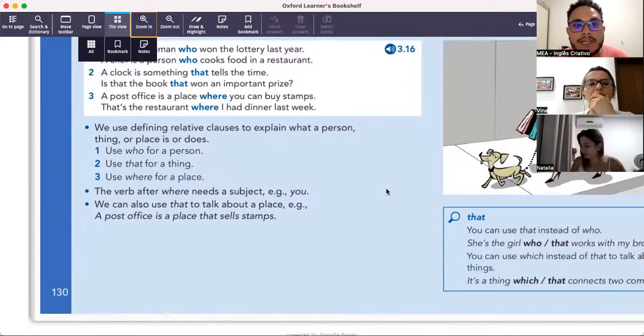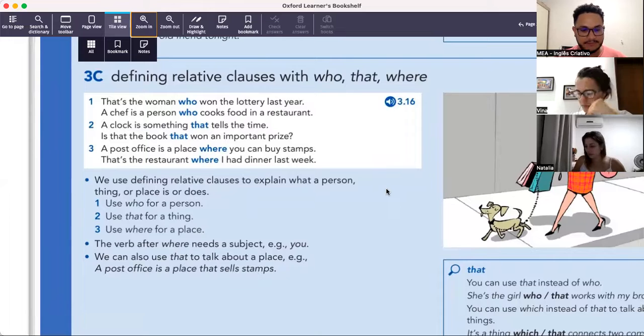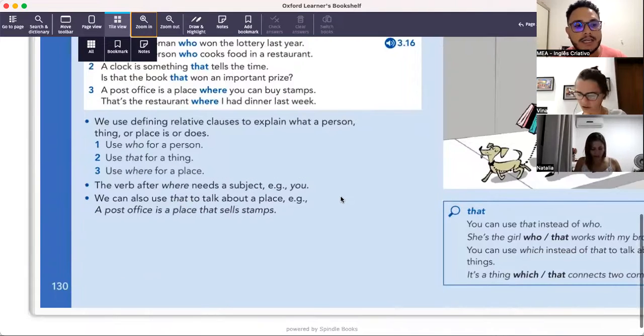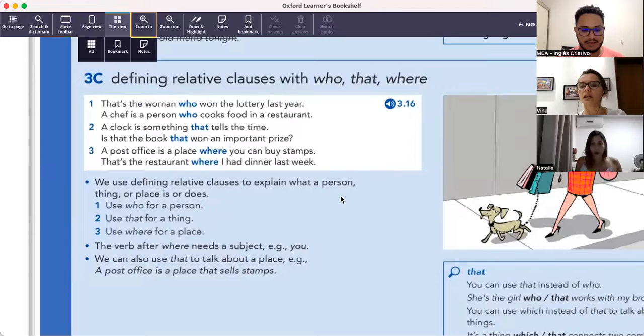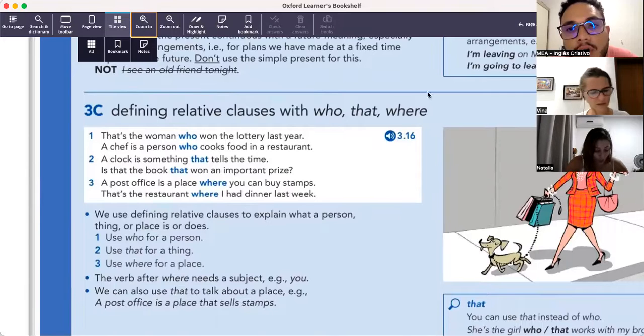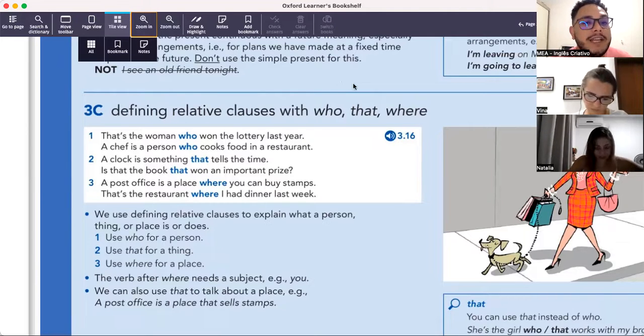Read for me, please, not number 1, okay, of the example. It's page 130, please. Okay, 130. Sorry. That's the woman who won the lottery last year.